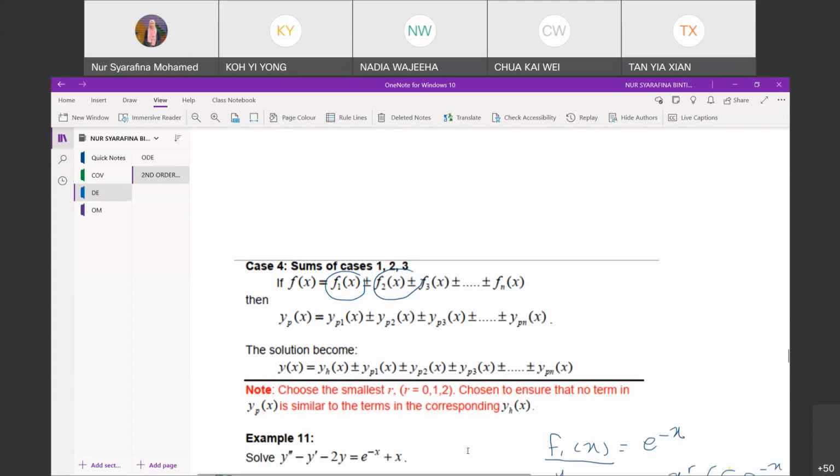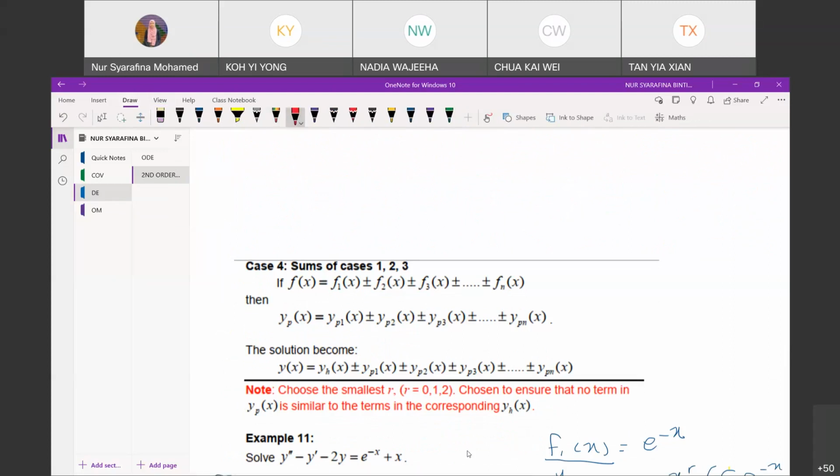If your right-hand side function is a combination of f1, f2, f3 up until fn, where these f1, f2, f3 come from case 1, case 2, or case 3, it can be a polynomial, exponential, sine or cosine.